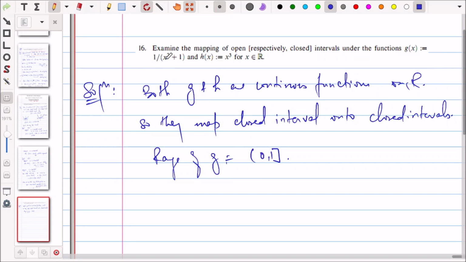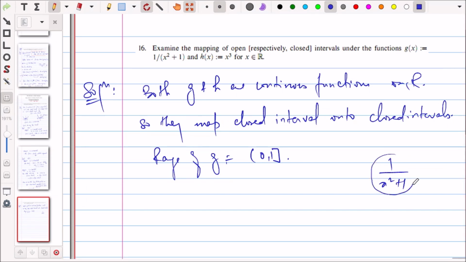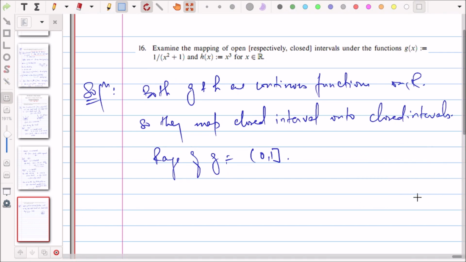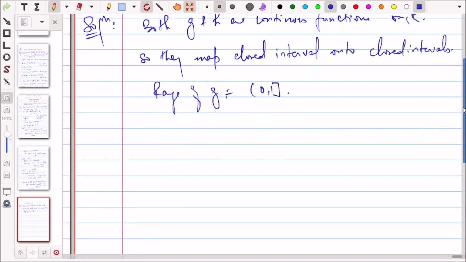Now if you look at 1 by (x square plus 1), this is maximum when the denominator is minimum, and the denominator is minimum when x square is 0, because x square is always positive. So this is 0 when x is equal to 0. So again this will create a problem at the point 0, and at all other points we will be able to get this result.